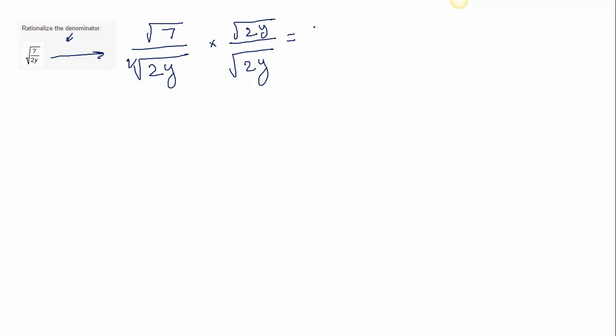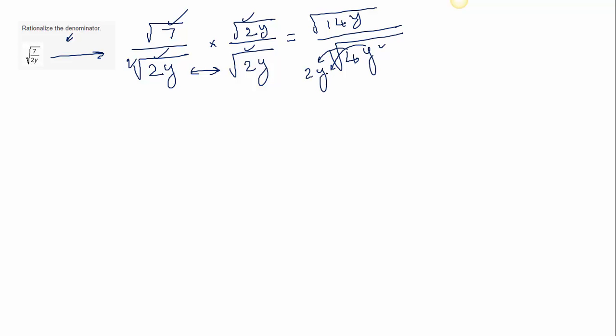Multiplying the numerator, you end up with square root of 14y. We can multiply the inside because both of them have radicals. We can also multiply the inside here, so the denominator becomes 4y squared. The 4 will come out as 2. The y squared will come out as y.